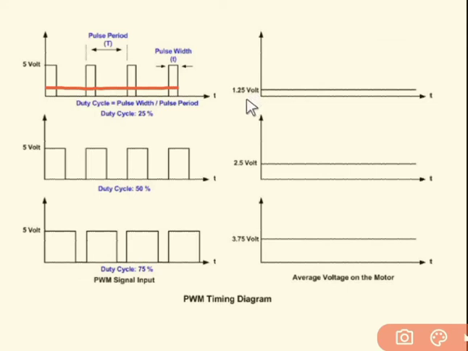If we increase the duty cycle from 25% to 50%, 50% indicates that on time is half and off time is half.